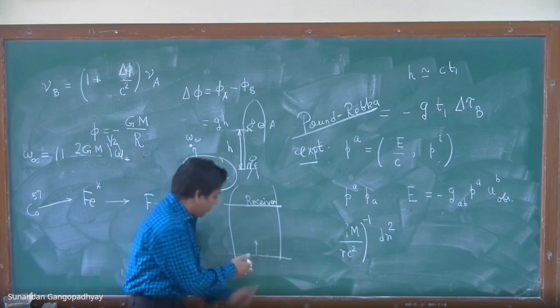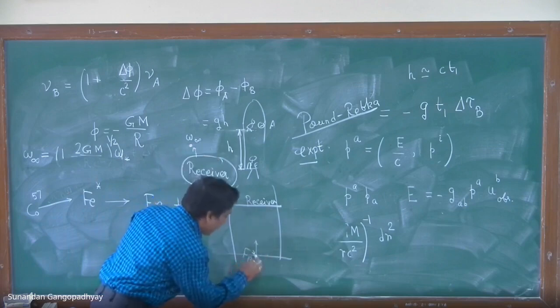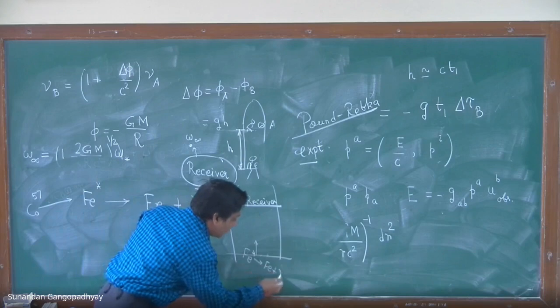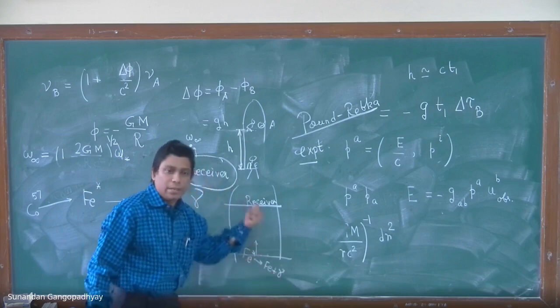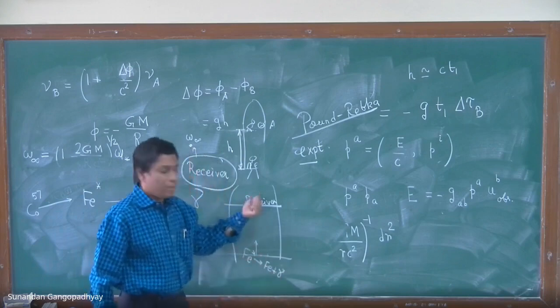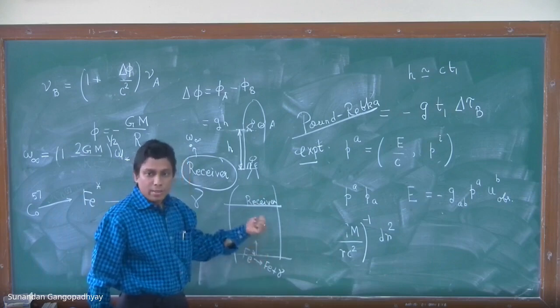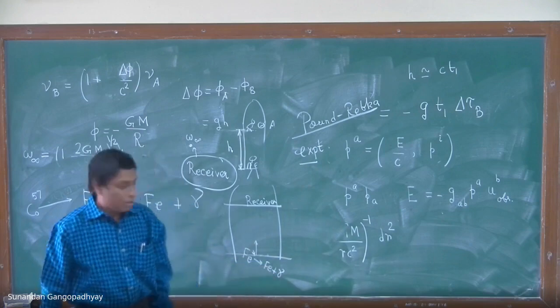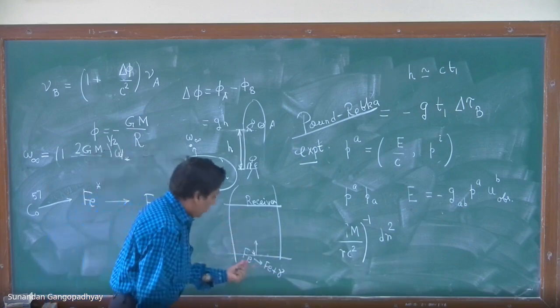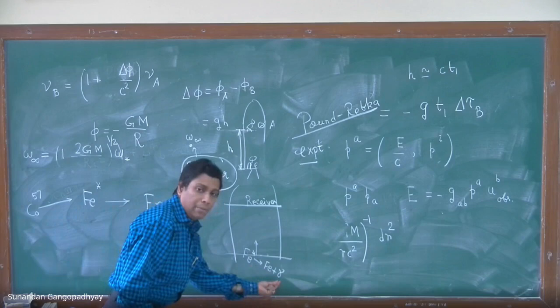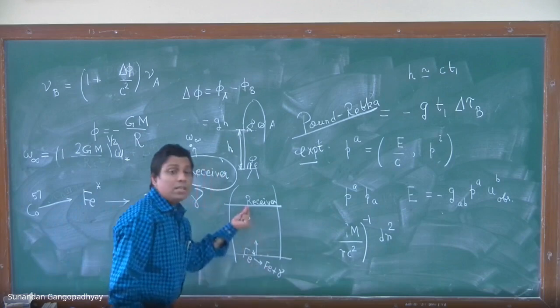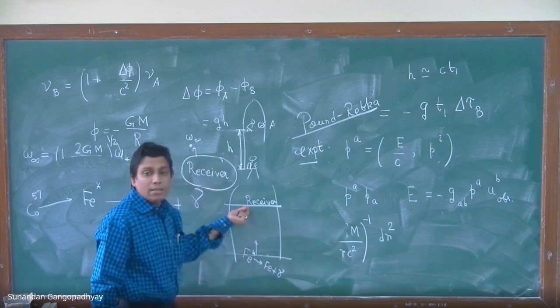Here is the iron 57, the gamma is here, so here the signals are being emitted. What will he see? He will see the clock run slow, so he will receive signals at a smaller rate. You want to see the nuclear resonance, right?